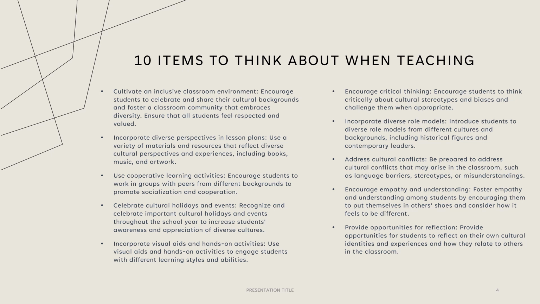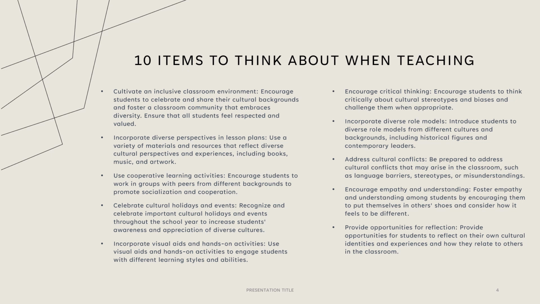Incorporate visual aids and hands-on activities. Use visual aids and hands-on activities to engage students with different learning styles and abilities. Encourage critical thinking. Encourage students to think critically about cultural stereotypes and biases, and challenge them when appropriate. Incorporate diverse role models, and introduce students to diverse role models from different cultures and backgrounds.